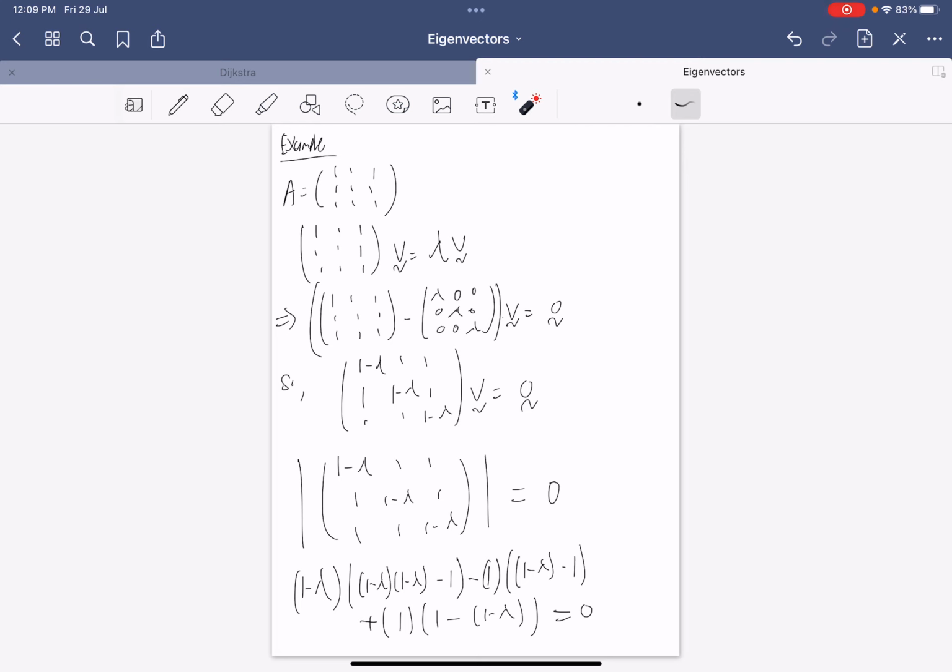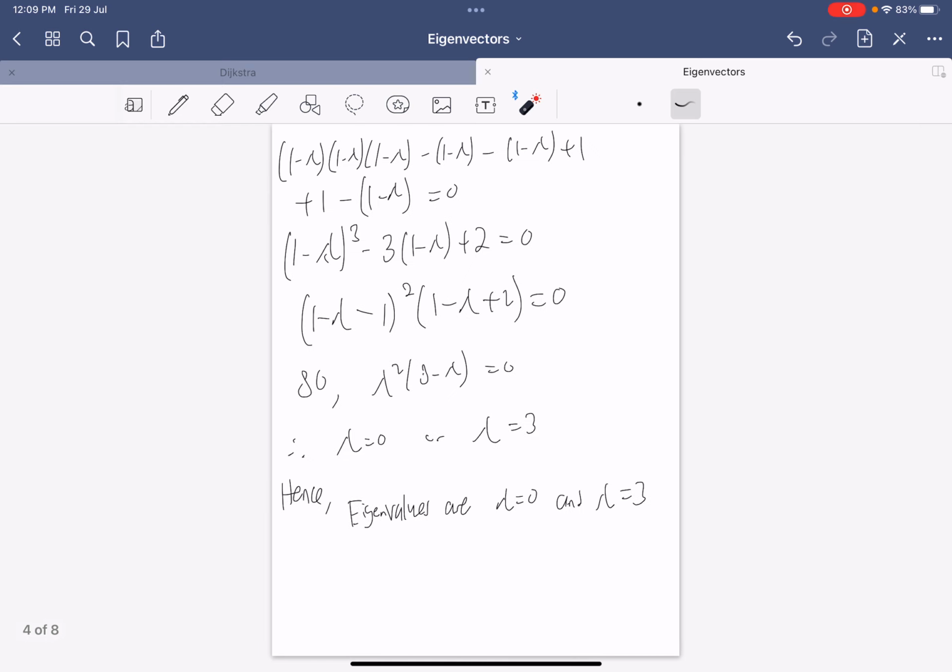You do the usual steps of finding the determinant, where you take this times the cross product of this, minus this times the cross product of this, plus this times the cross product of this. After a few simplifications, don't worry, I'll be sharing these notes with you so you can read through the steps if you wish. You get this equation, and so lambda equals 0 or lambda equals 3. Hence, these are our eigenvalues.